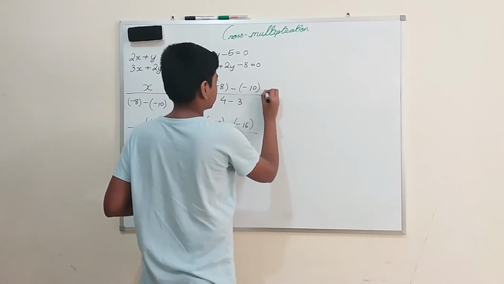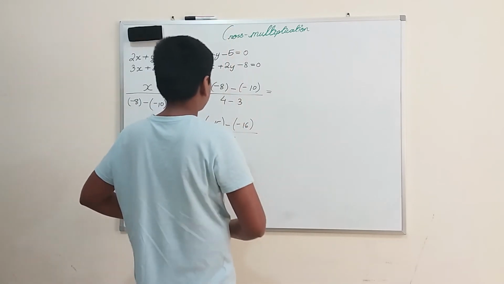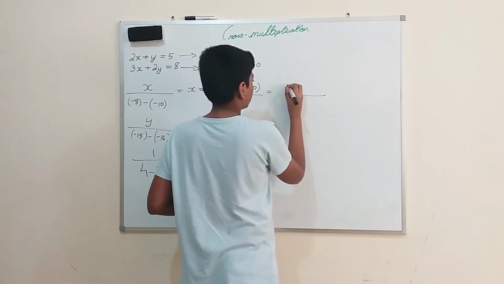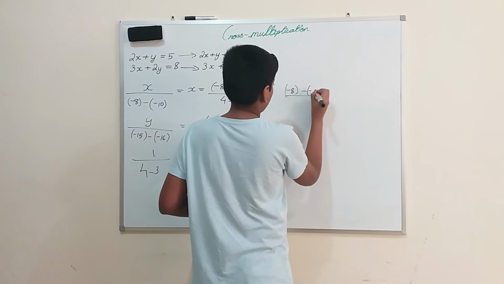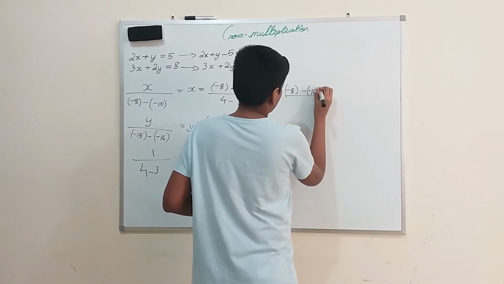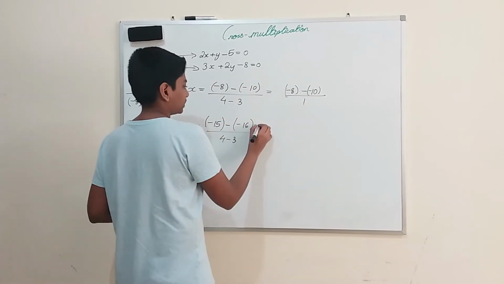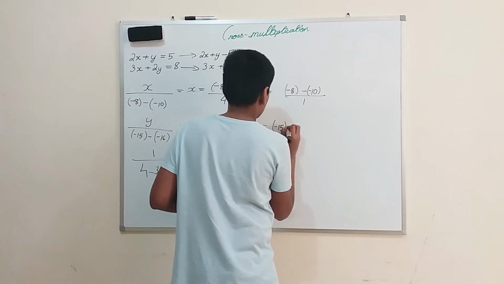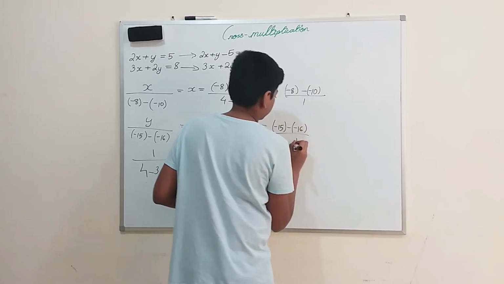We will open the brackets over here. While opening brackets, most of them make a common mistake. So here what I have is minus 8 minus 10 by 4 minus 3, which is nothing but 1, and over here also I will write minus 15 minus 16 by 1, okay.